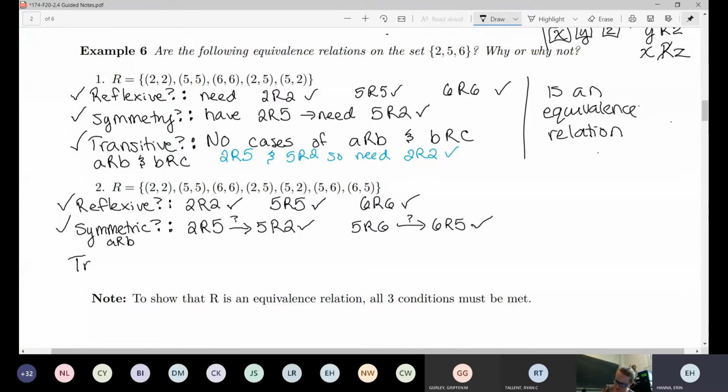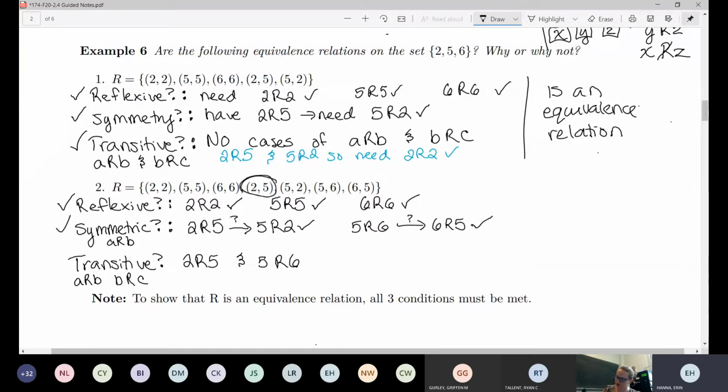Well, what about transitive? We need some A related to B and B related to some C, where these are all different, because if they're not different, they're already taken care of in the symmetric and reflexive cases. In this relation, we have that 2 is related to 5 and 5 is related to 6.